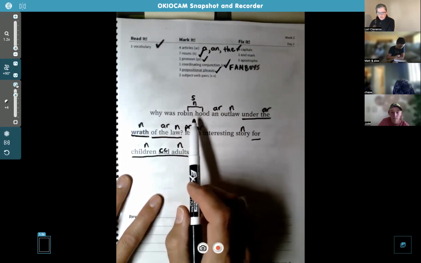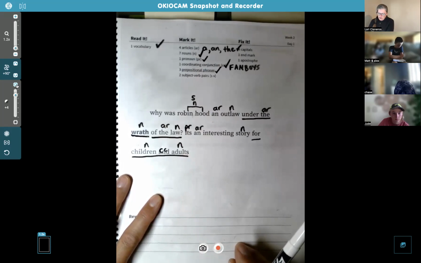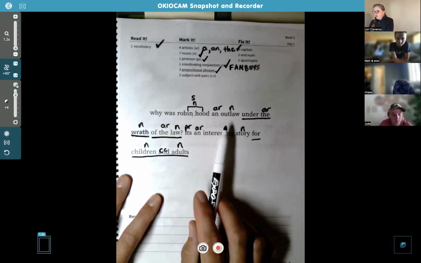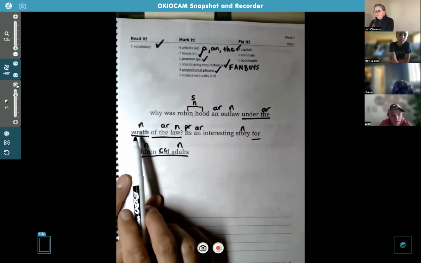And then to find the verbs, there's only one verb in this sentence. It's kind of tricky. It's a linking verb. Do you know where that one is? Jude? Not yet. So we know it's not Robin Hood or any of these because we've already identified those.